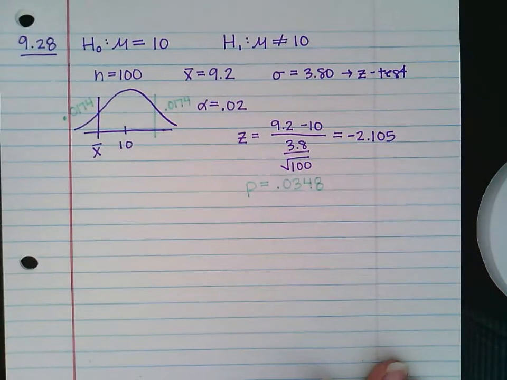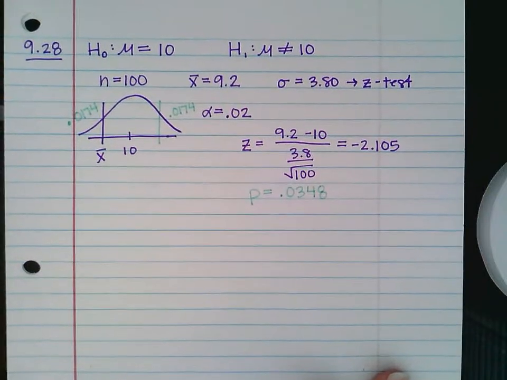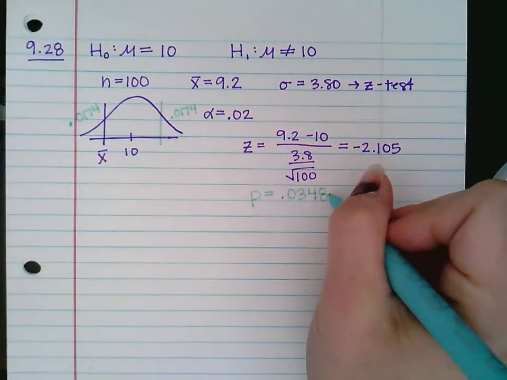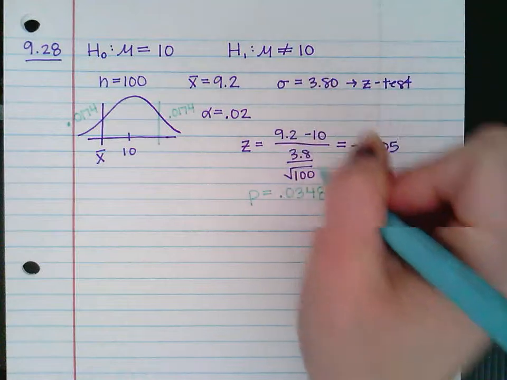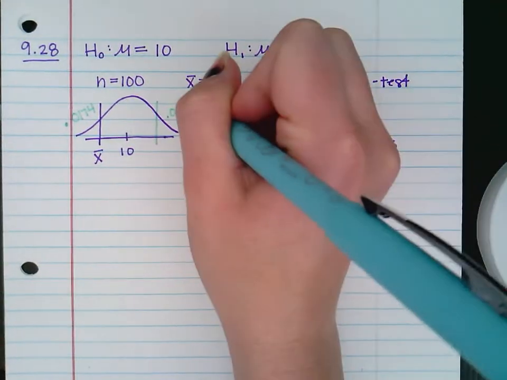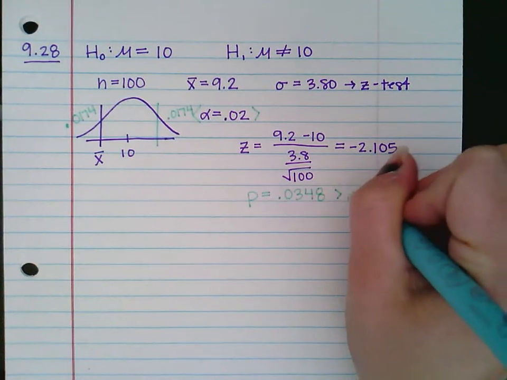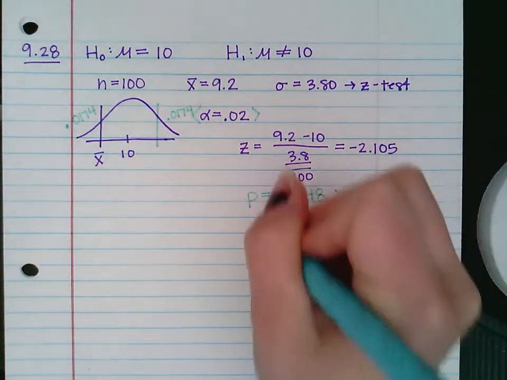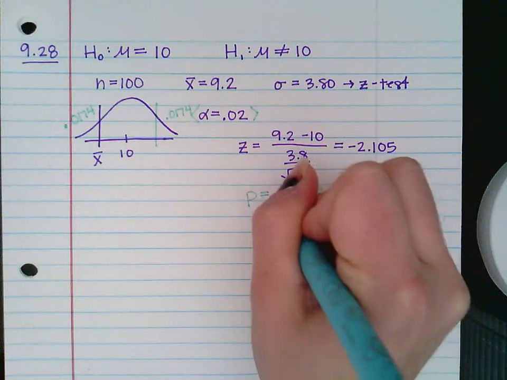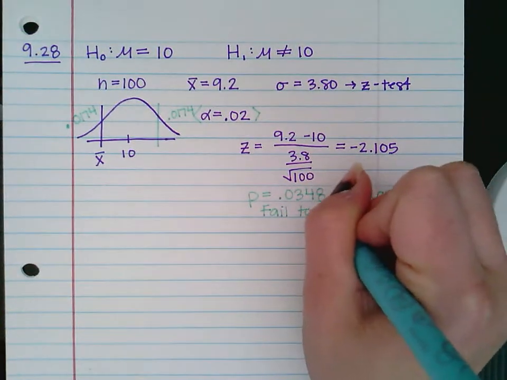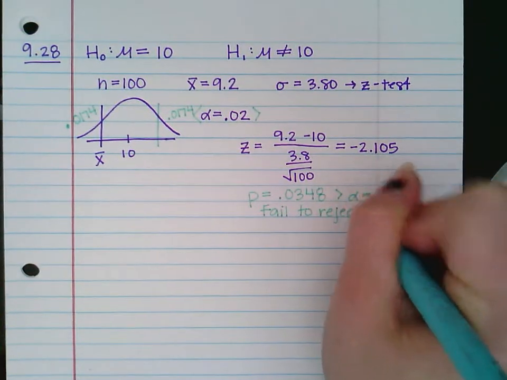Now what we are going to look at is, is this p-value greater than or less than my significance level right here? And that p-value is too big. It is greater than the alpha level. So we're going to conclude fail to reject based on the p-value method.